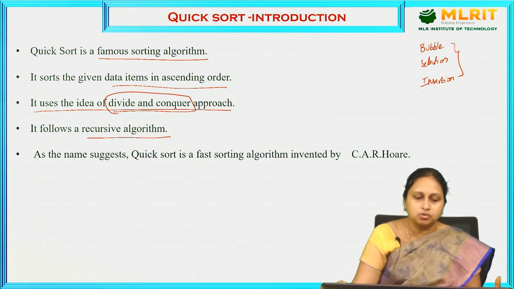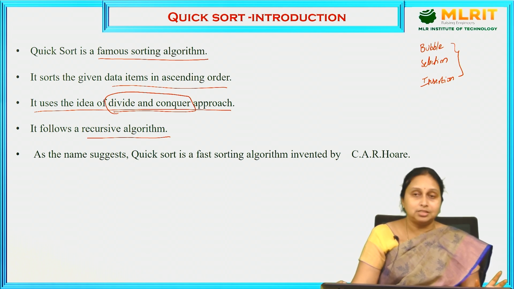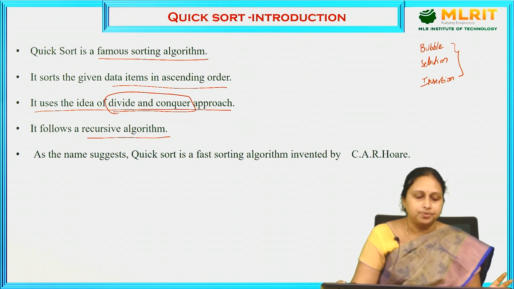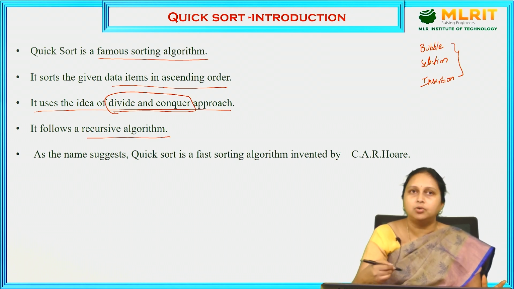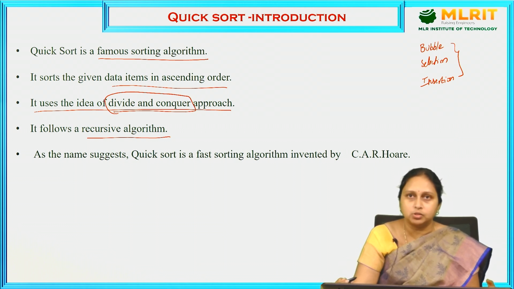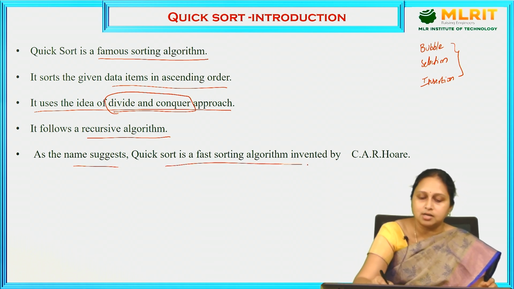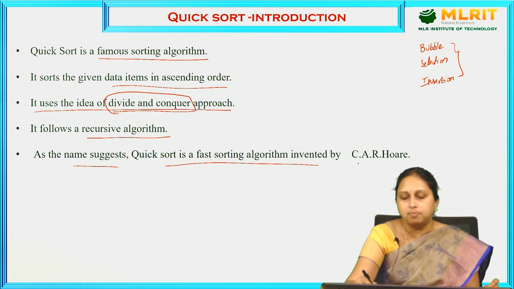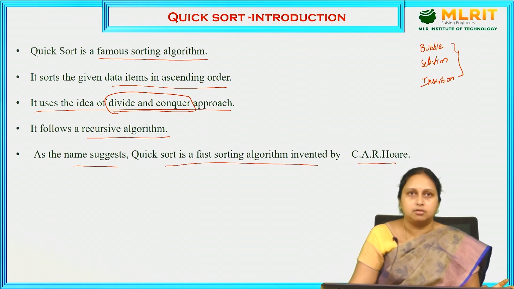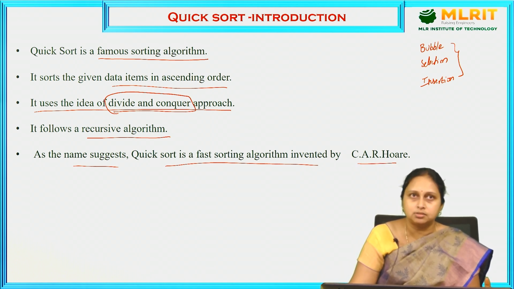Recursion you may have studied in your C programming. We will see what recursion means and how it is applicable in our quicksort. As the name suggests, quicksort is a fast sorting algorithm invented by C.A.R. Hoare. This is the person who invented quicksort.